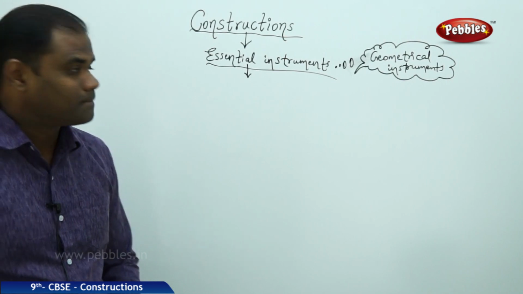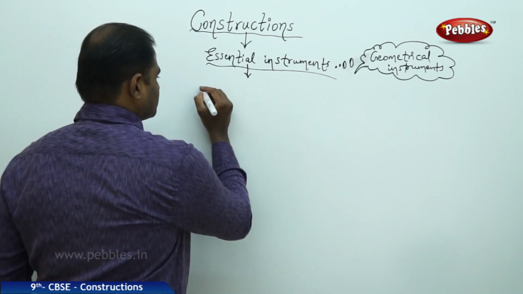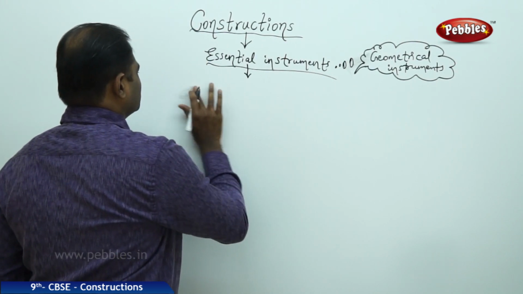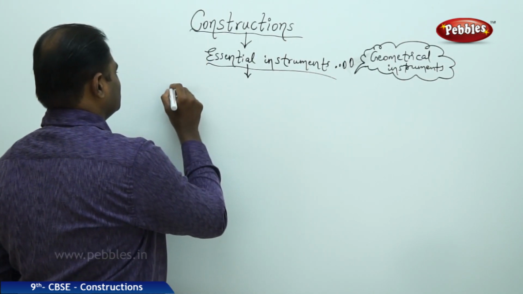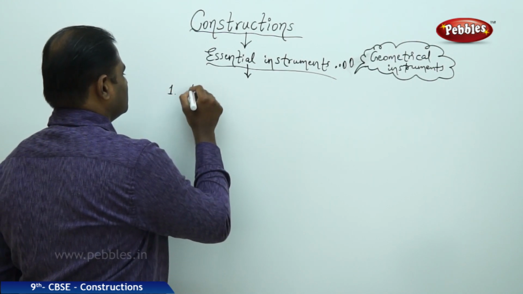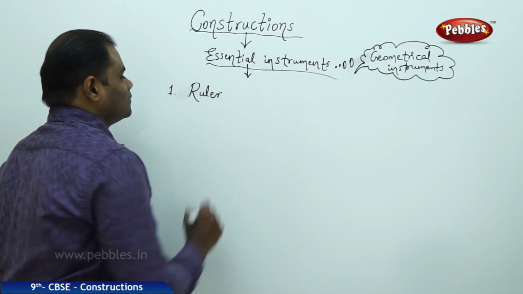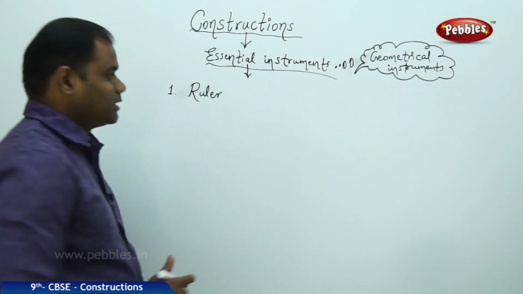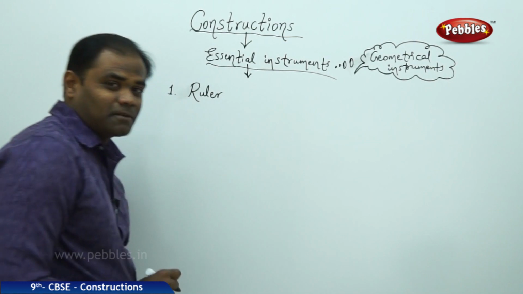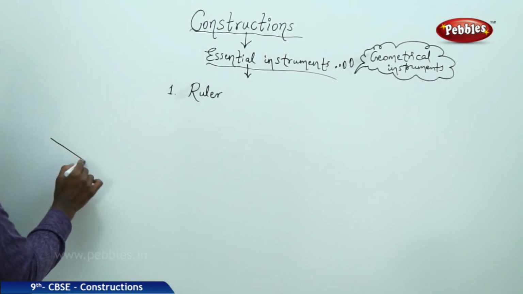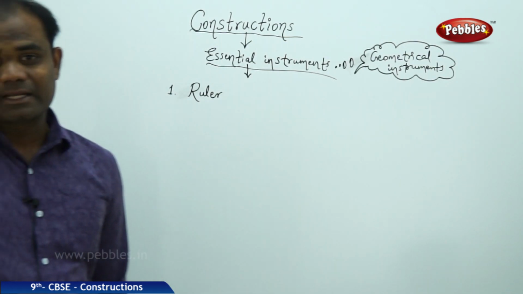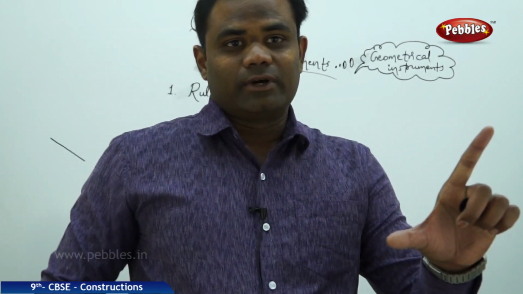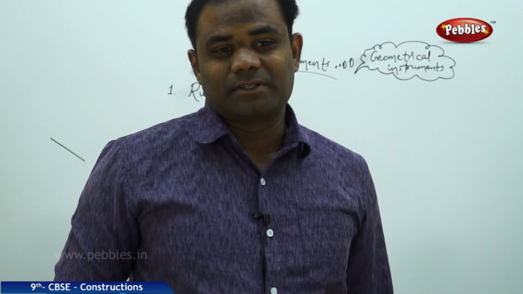Proceeding further, the first thing which I need is a ruler. Because a ruler helps me in drawing straight lines. For example, when I draw a straight line randomly, I may not get an exact line, but if I take a ruler and then draw a straight line, then we get a perfect straight line.